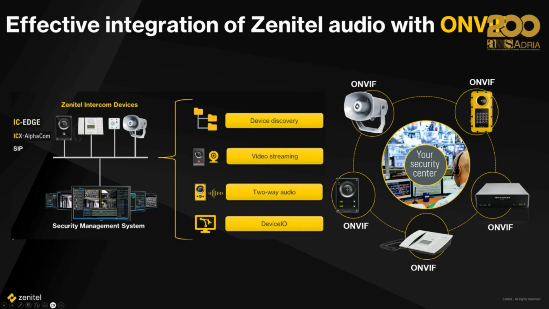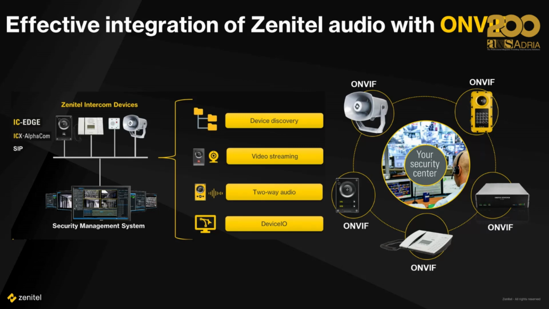With integration to OnWave, I just wanted to highlight some of the high-level features that we can support over OnWave. So you have devices running either in ICH mode, ICX-Alphacom mode, or SIP mode. On these devices, we use OnWave interfaces and protocols for device discovery, video streaming, two-way audio calls, and device I/O to communicate with a security platform that supports the same interfaces.